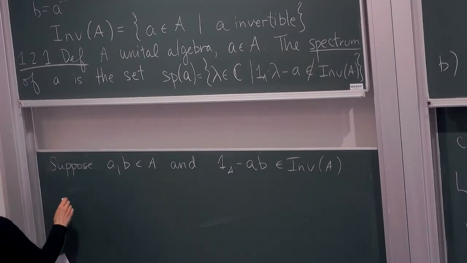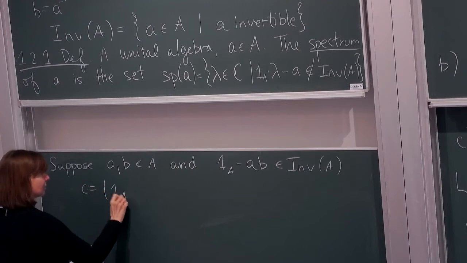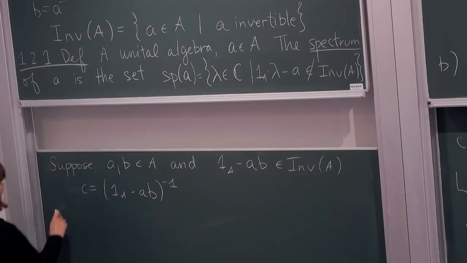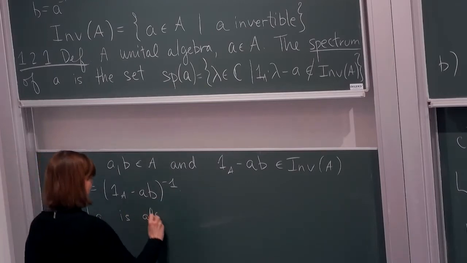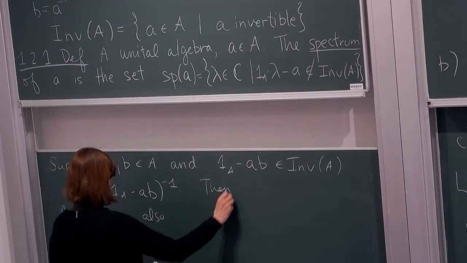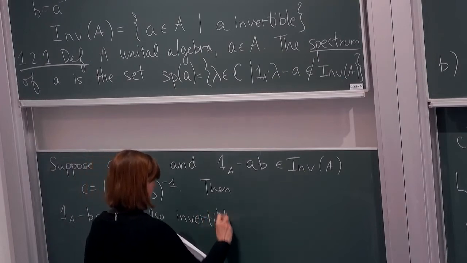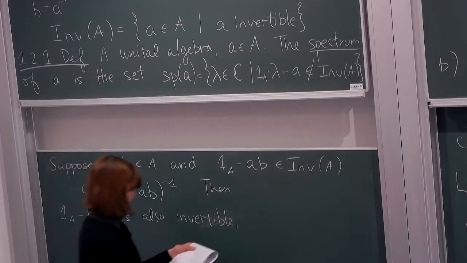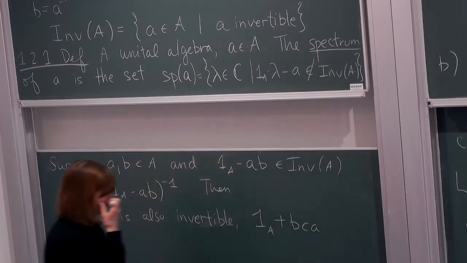Let's call its inverse C. Then you can check that 1_A minus BA is also invertible, and its inverse is, I always forget this, 1_A plus BCA.